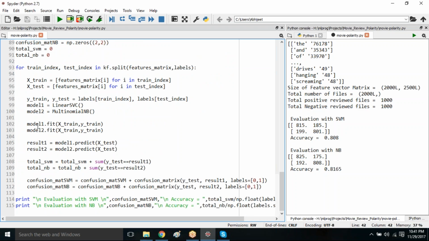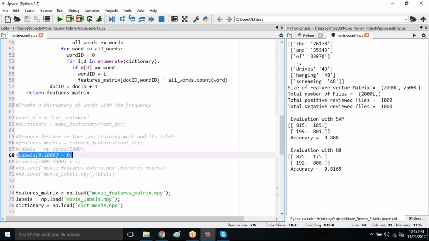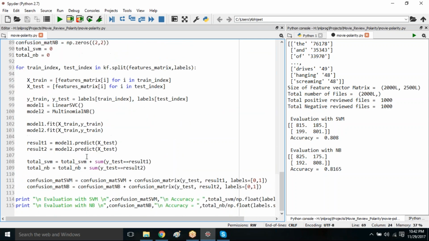When you pass it in the model, when you do model 1 dot fit or model 2 dot fit, you are giving the feature matrix here as X train. All of the 2000 you are giving here, but you are giving the labels also. The first 1000 is 0 and the second 1000 is 1. So by that you are actually separating.